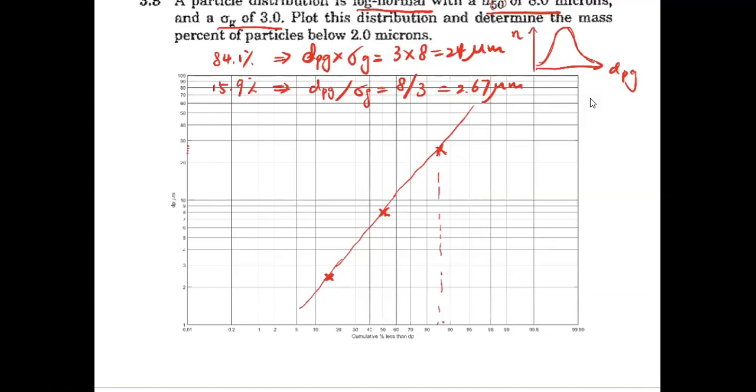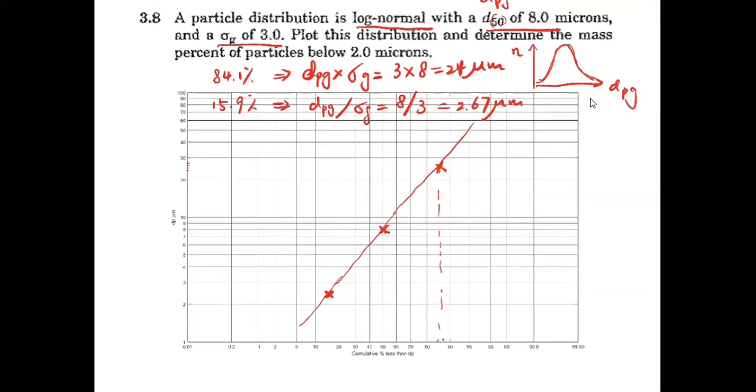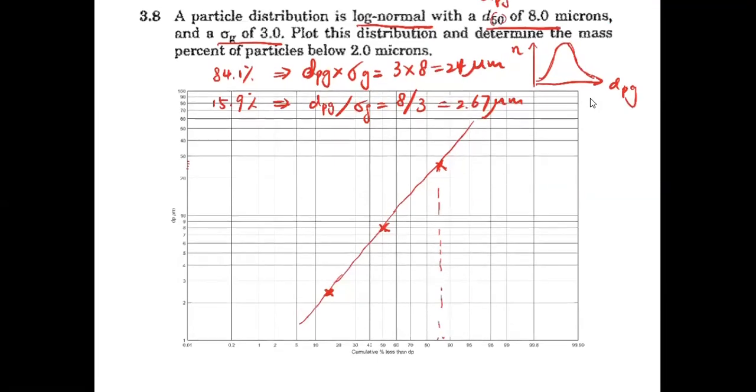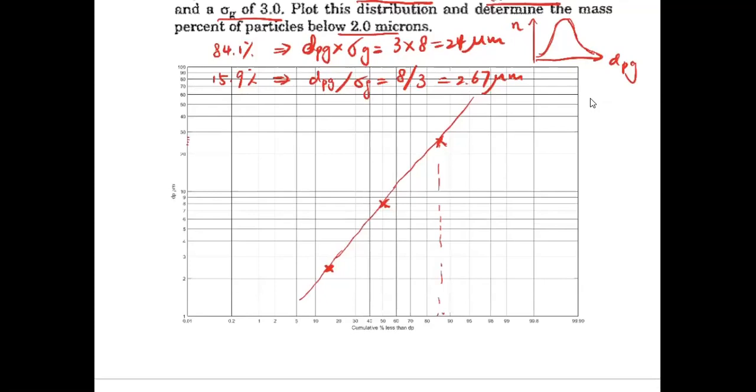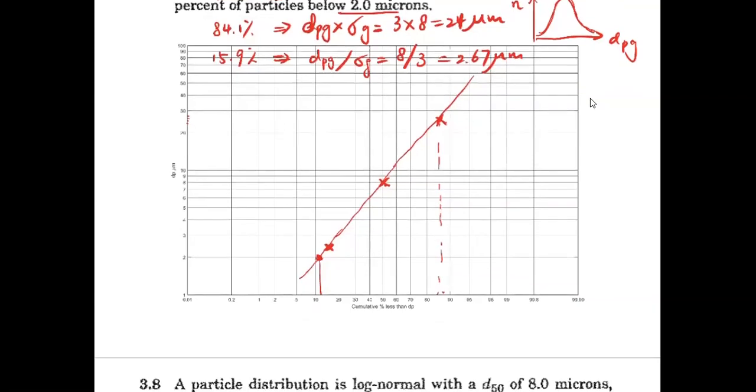Okay. And then see what this question asks us about. It wants us to plot the distribution and also determine the mass percent of the particles below 2 microns. And it is quite straightforward once we have this plot. We just need to find out where 2 micron is, right? 2 micron is here. Just draw a vertical line here.